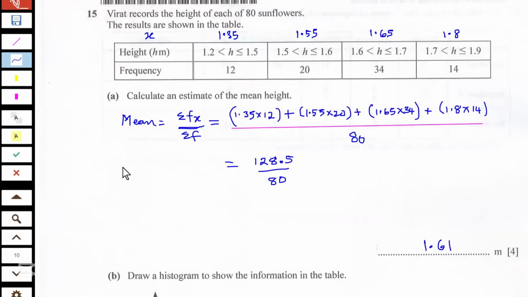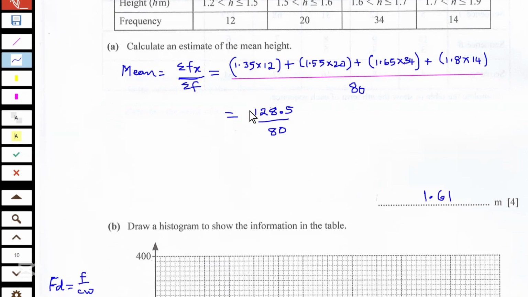So the class width for the first interval will be 1.5 minus 1.2. For the second interval it is 1.6 minus 1.5. The third interval is 1.7 minus 1.6. Finally, we have 1.9 minus 1.7. That's the class width. So let's calculate the frequency density for each of these class intervals.